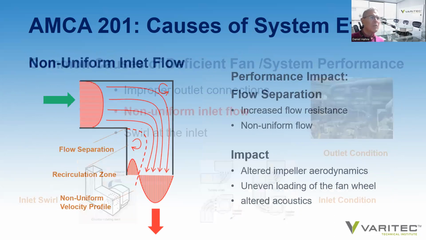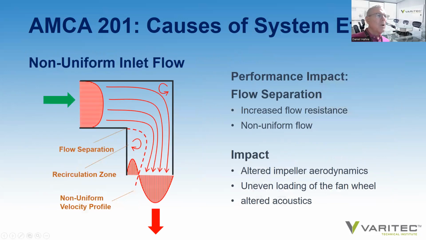What is non-uniform inlet flow? When air is traveling down a duct and it encounters a transition, such as a rectangular 90-degree elbow, air with a uniform velocity profile hits the back of the duct wall here and then results in a high velocity flow as it's traveling along the wall of the duct.